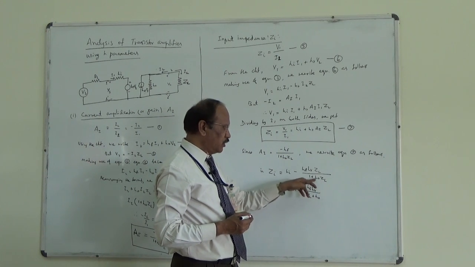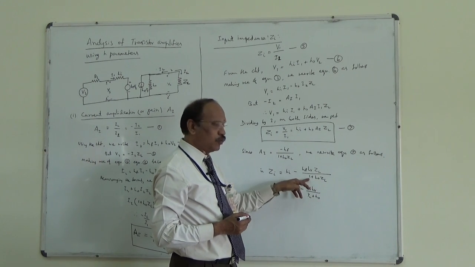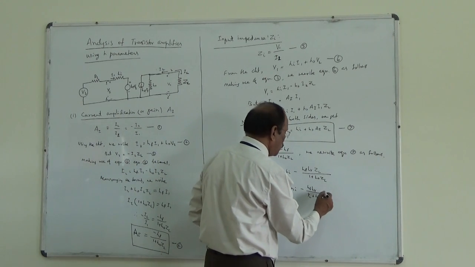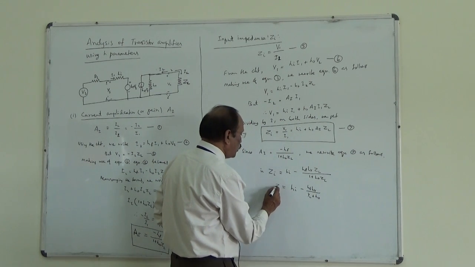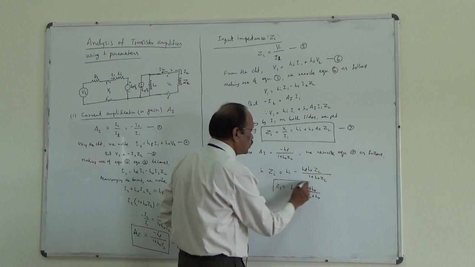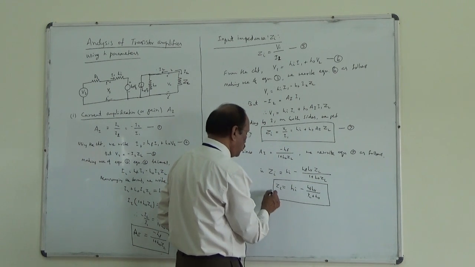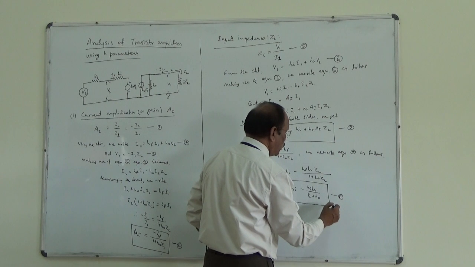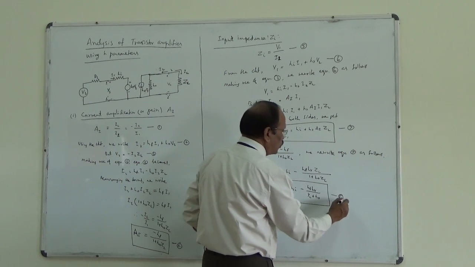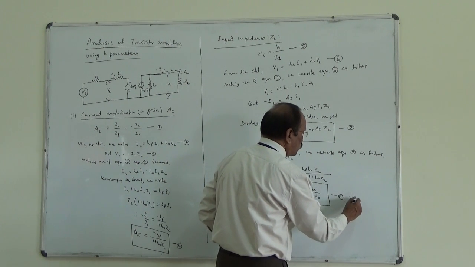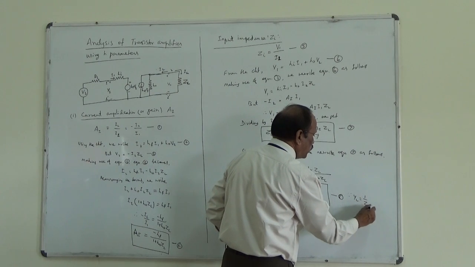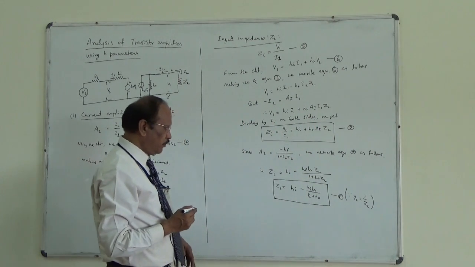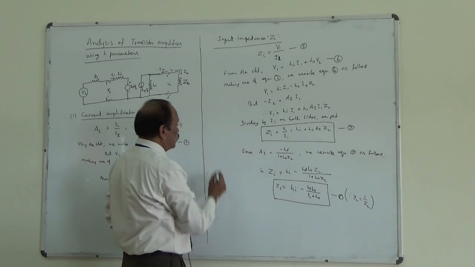If I divide each term by ZL, this becomes h naught, and 1 by ZL is equal to YL. So this is another form of expression for Zi. This is equation 8, because YL is equal to 1 by ZL.